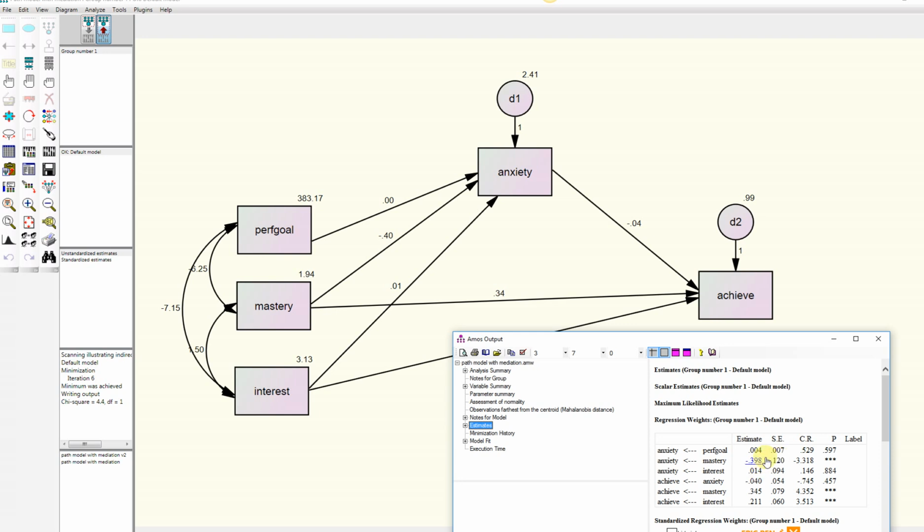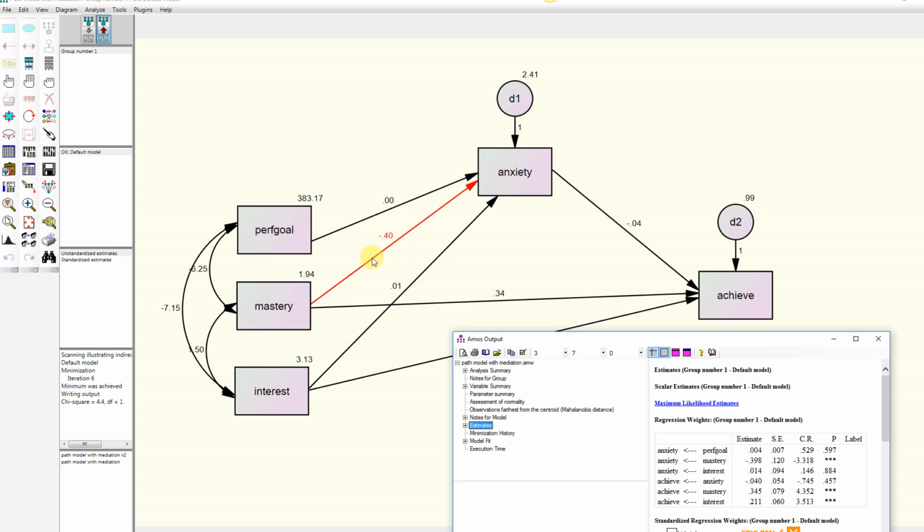We have the regression weight, the standard error, and then the critical ratio, which is formed as the estimate divided by the standard error. Given that SEM tends to be a large sample procedure, we compare this against Z values in the Z table. The p-value, or probability value, indicates whether or not we have statistical significance.